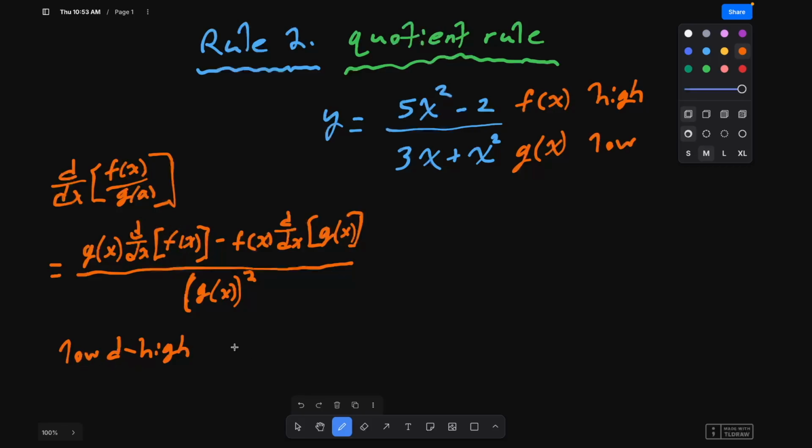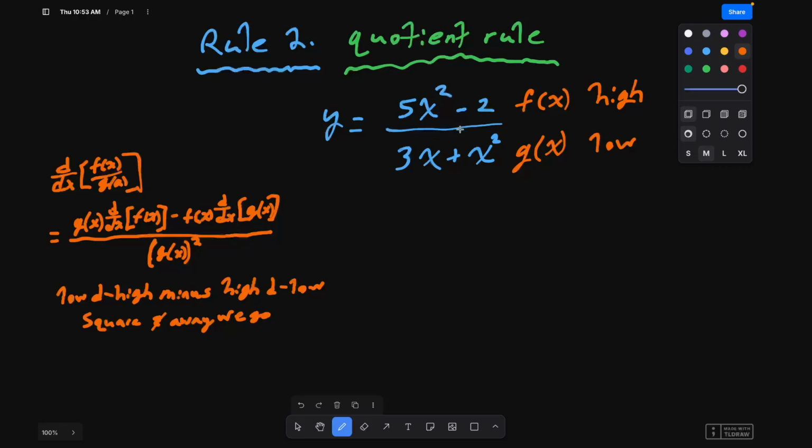So low d high minus high d low, square the bottom, and away we go. So to remember our quotient rule, we just need to remember low d high minus high d low, square the bottom, and away we go.